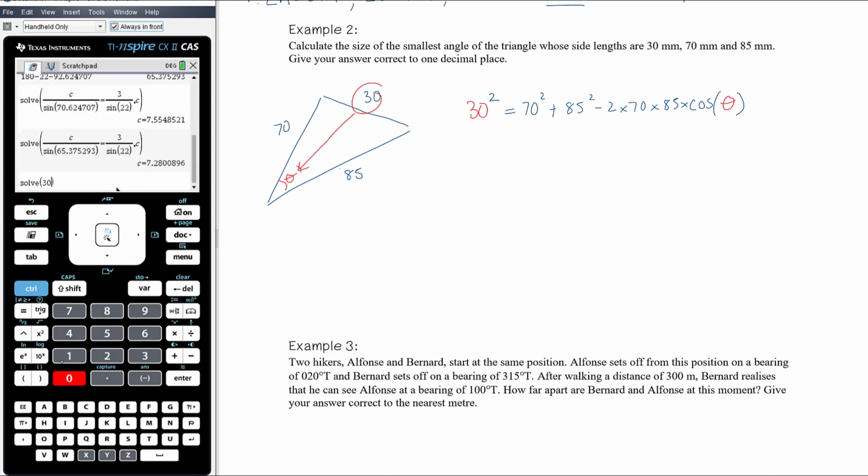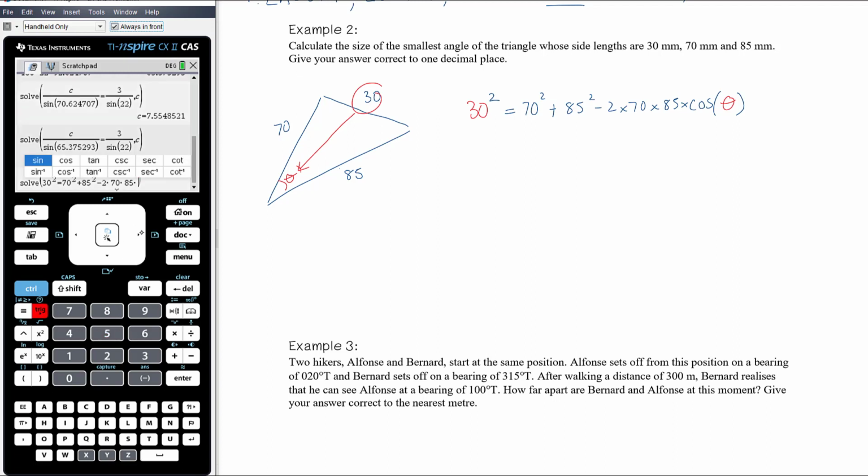Solve 30 squared equals 85 squared. Oh, sorry. Well, doesn't matter, but I wrote 70 squared first. Plus 85 squared minus 2 times 70 times 85 times cos of an unknown, whatever letter you want to use is fine, comma x. And then because I'm solving for the angle, I need the restriction.